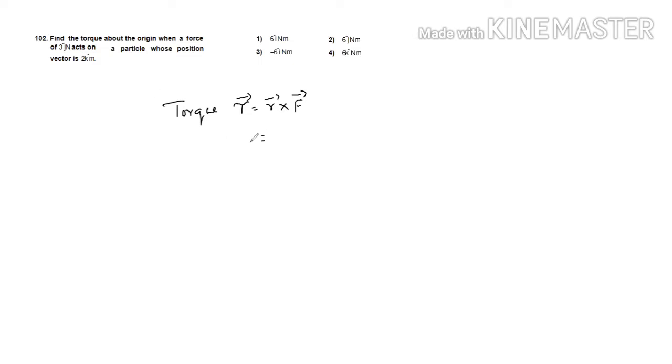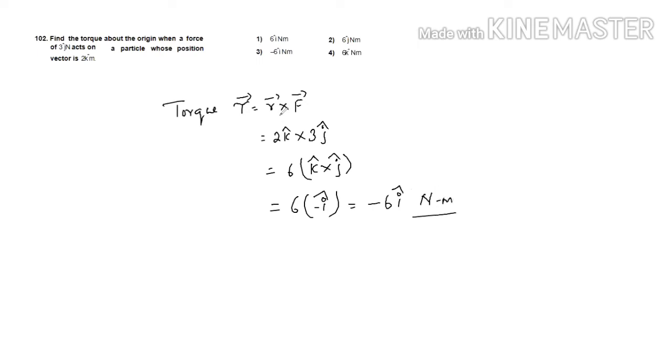So here position is given as 2 k cap, cross, and the force is given as 3 j cap. So it is 2 into 3, 6. So k cap cross j cap is nothing but minus i cap. So minus 6 i cap Newton meter. So it will be minus 6 i cap, option 3.